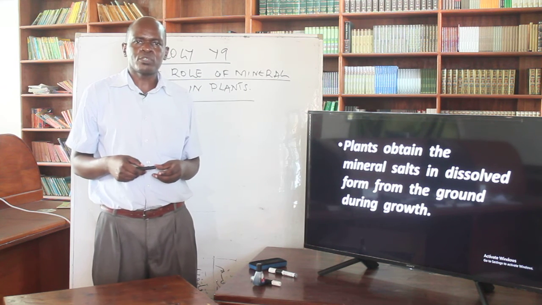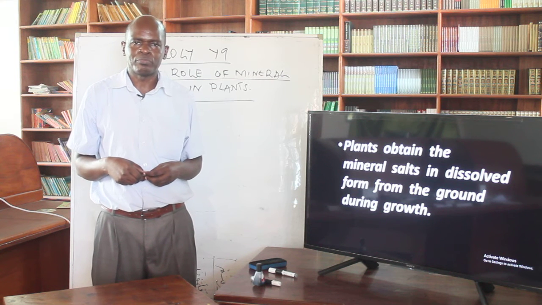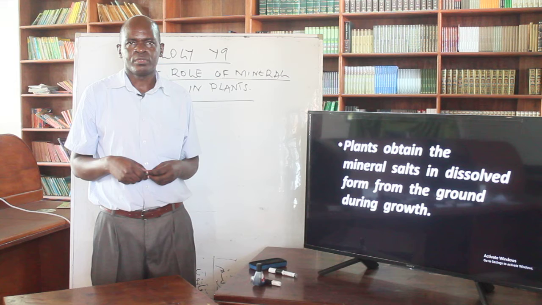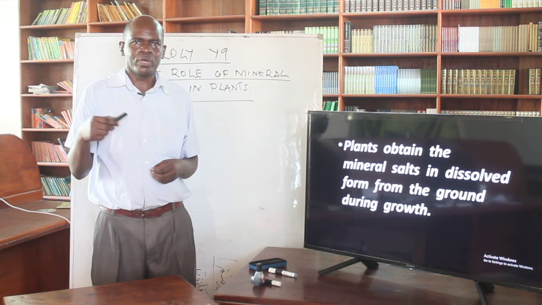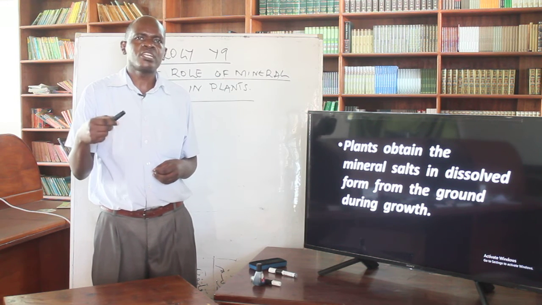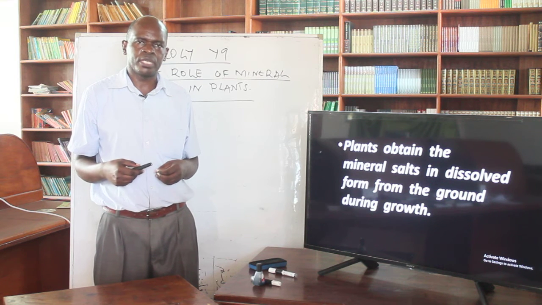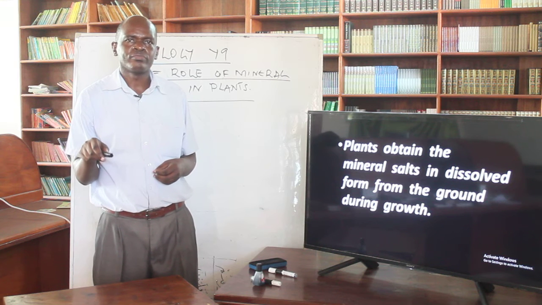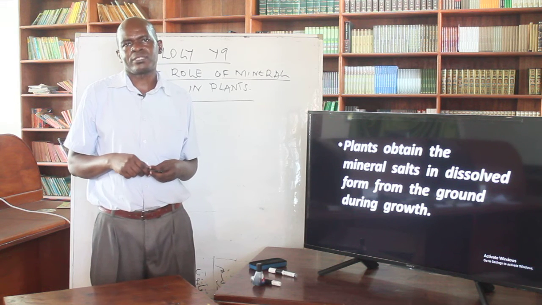Now, the plants obtain the mineral salts in dissolved form from the ground during growth. But what we are saying is that these mineral salts are not absorbed as mineral salts directly from the soil. The mineral salts must first dissolve in water before they are absorbed into the plant.